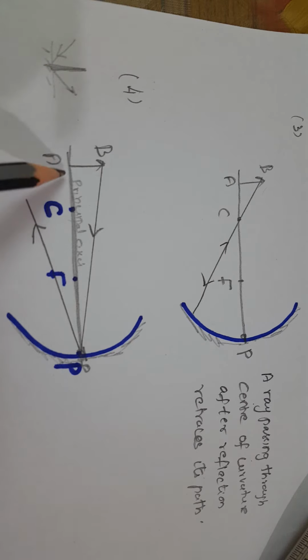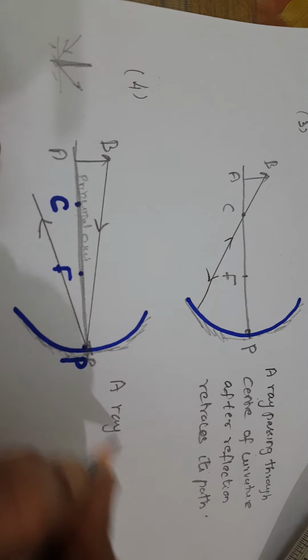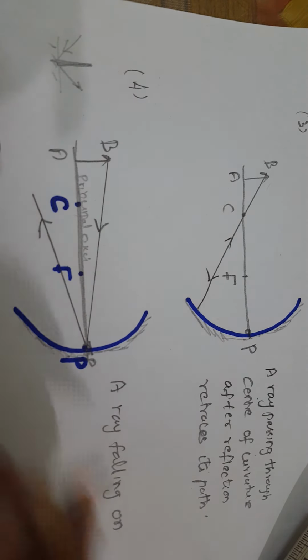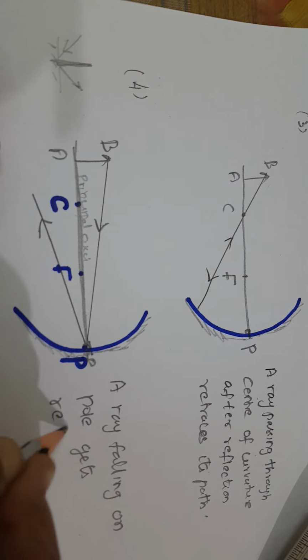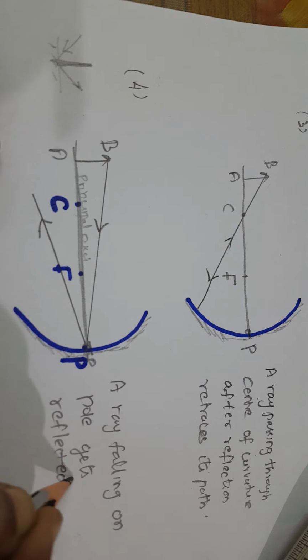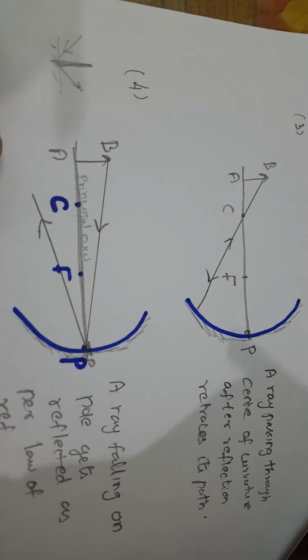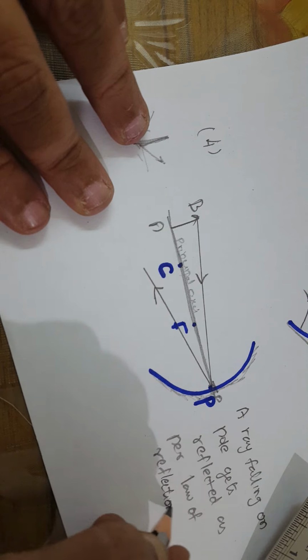In this mirror, in the place where the normal should be, what do you have? You have the principal axis. So what is the fourth rule? A ray falling on the pole gets reflected as per the law of reflection.